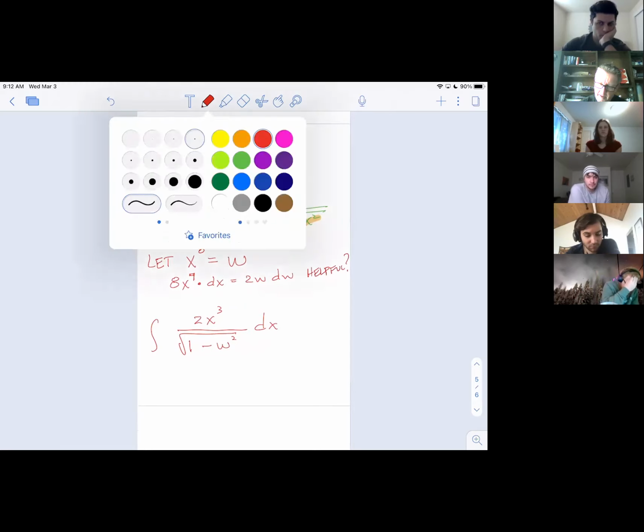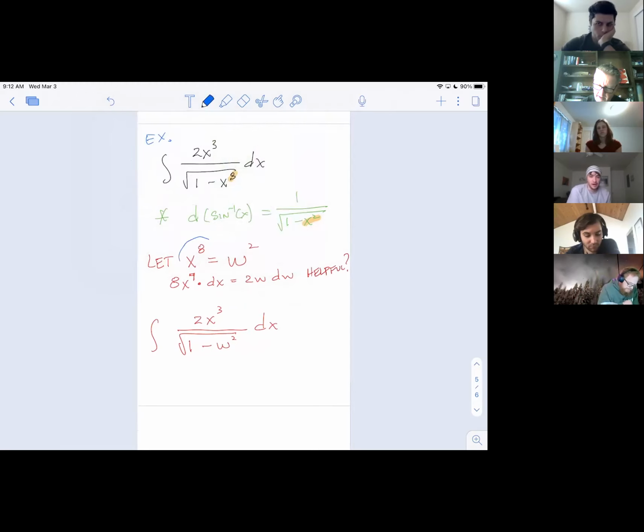Would you also agree that if x to the 8th equals w squared, I could square root both sides? It's an equation, couldn't I? So that would mean x to the 4th equals w. In a sense, that's the substitution we could have made up earlier. If x to the 4th is equal to w, then I could replace x to the 8th with w squared.